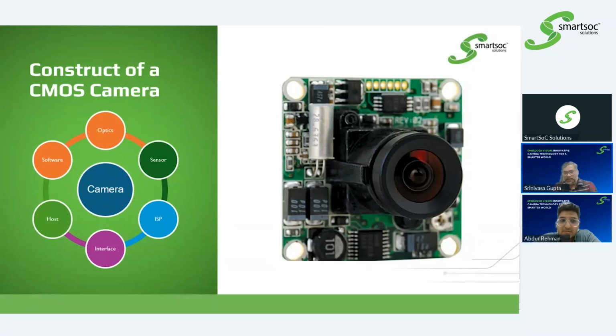So the important point here is the lens. Depending on the application, what type of lens needs to be used, like whether you need IR filtering or not, and what size of the camera lens. There is a relation between the sensor and the lens.